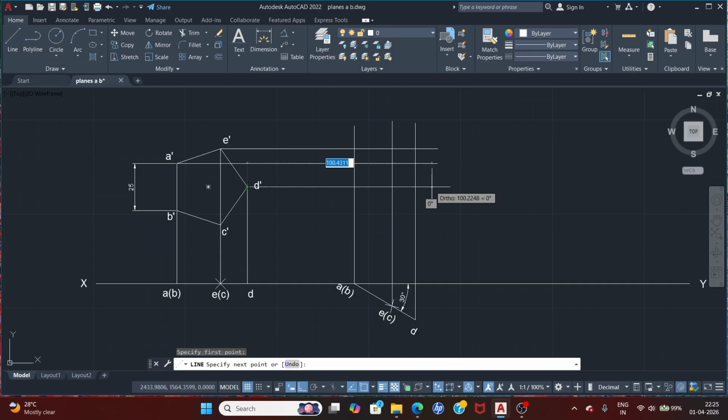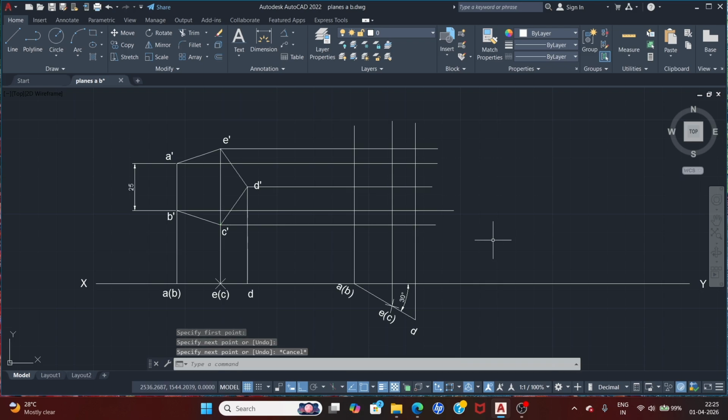Like this, from D dash to the right side, from B dash to the right side, from C dash to the right side. Then use the line or polyline command and draw the compressed pentagon. We have already completed this type of problem in 6A and 6B.